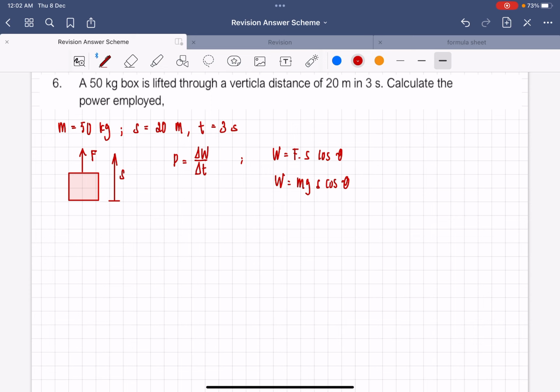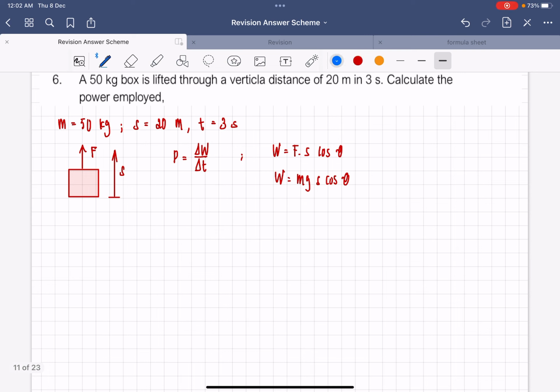If you remember our force chapter, the free body diagram, it will be mg here and then force here. So if we look at the y component, this will be equal to mg. So we get F equal to mg, and then we just substitute into the formula.